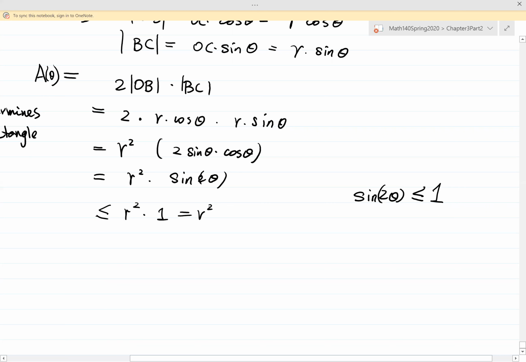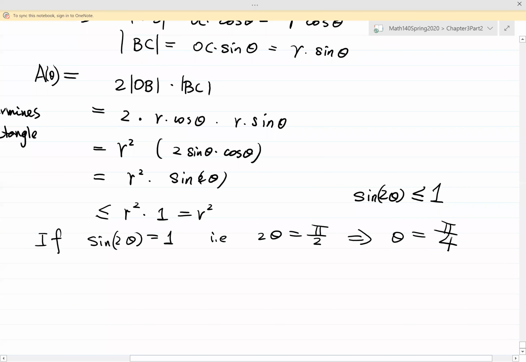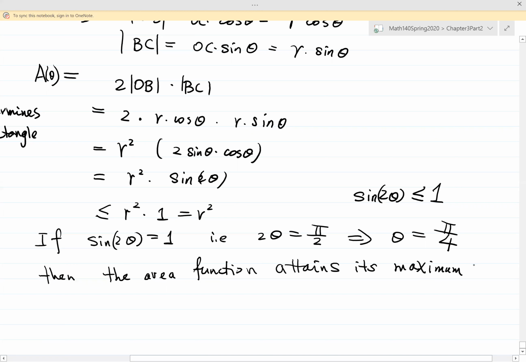If sine 2 theta is 1, i.e. 2 theta is pi over 2, 90 degrees, this means theta is pi over 4, i.e. 45 degrees. Then the area is the largest, the area function attains its maximum. Its maximum is clearly r squared. Then we are done.